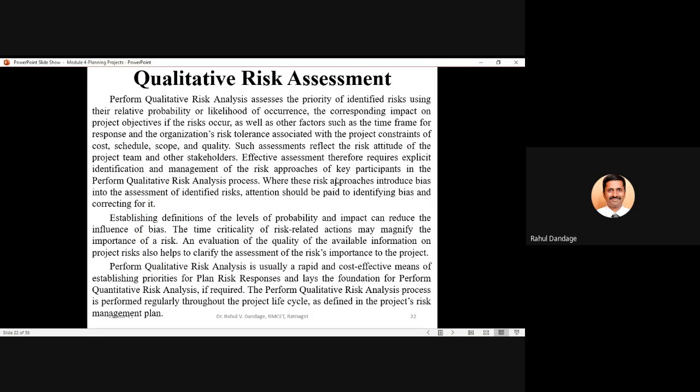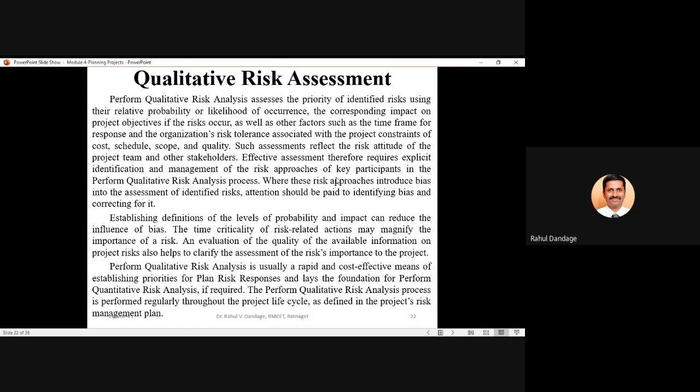So perform qualitative risk analysis assesses the priority of identified risks using their relative probability or likelihood of occurrence, the corresponding impact on project objectives if the risk occurs, as well as other factors such as the time frame for response and the organization's risk tolerance associated with project constraints like cost, schedule, scope, and quality.